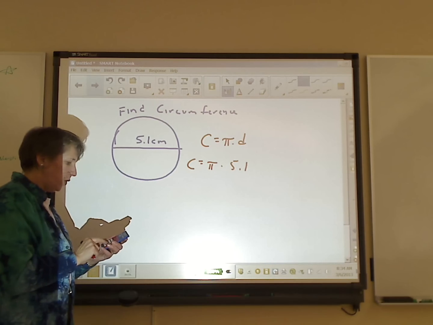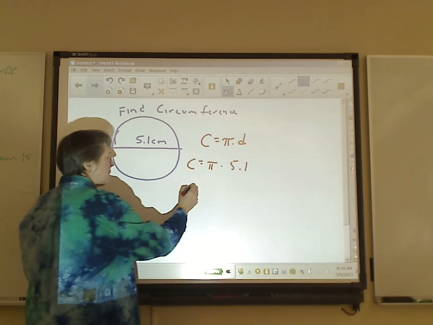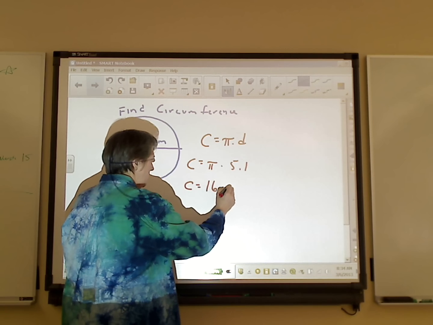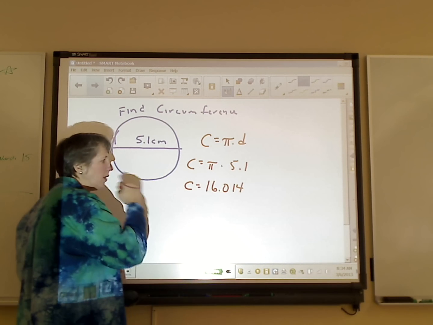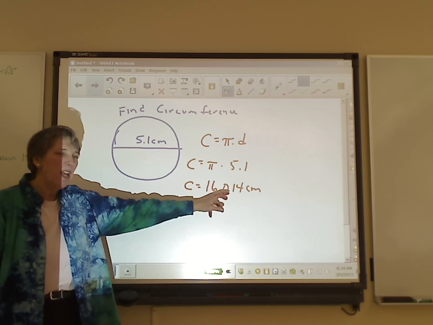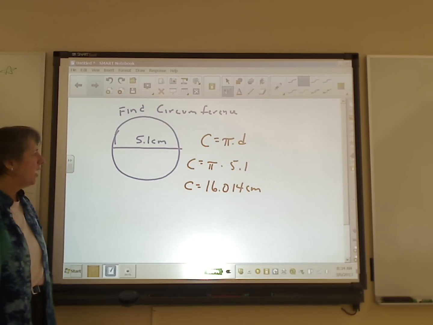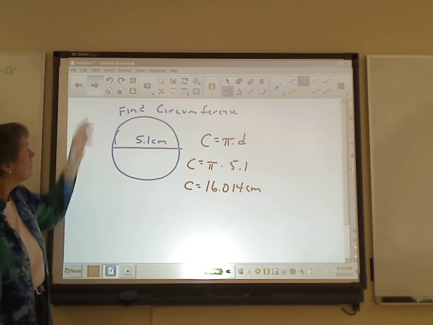And then we say 3.14 times 5.1 is C, 16.014 centimeters. I'd probably leave it like that. If it comes out nice and even, with 3 or 4 digits, just go ahead and write it. Okay? So hopefully you got that answer.